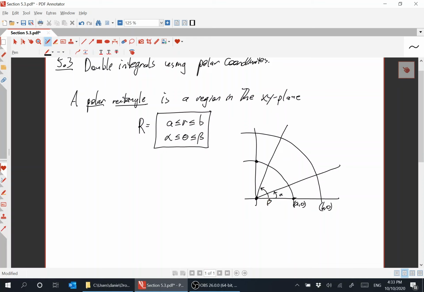So the polar rectangle is exactly this region between alpha and beta and between a and b. Okay, that is a polar rectangle. It's not a rectangle in the xy plane, but it's a rectangle in the r theta plane, which we aren't looking at.